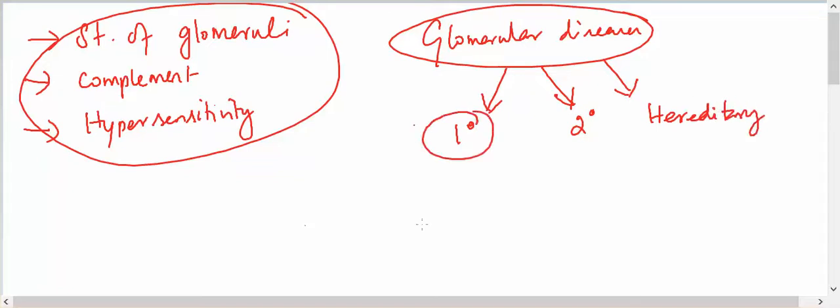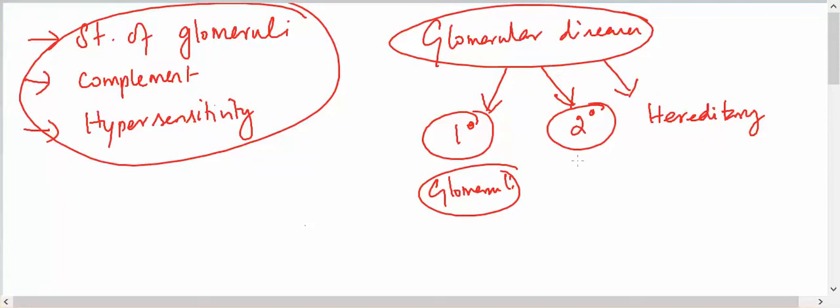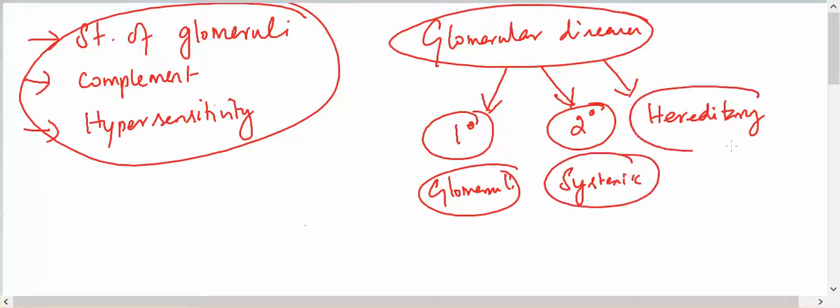Primary means there is a problem in the glomeruli which produces the glomerular disease. Secondary means there is some systemic disease which is damaging the glomeruli. Hereditary means some genetic mutation happens, for example Alport syndrome. There are many hereditary diseases.